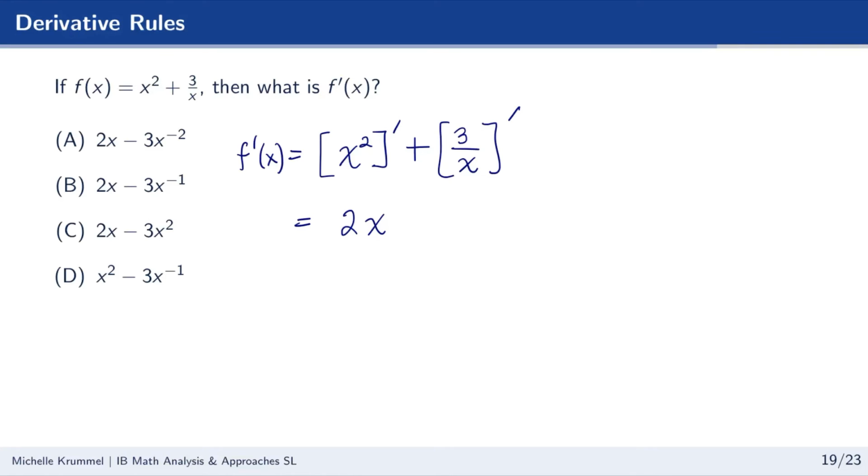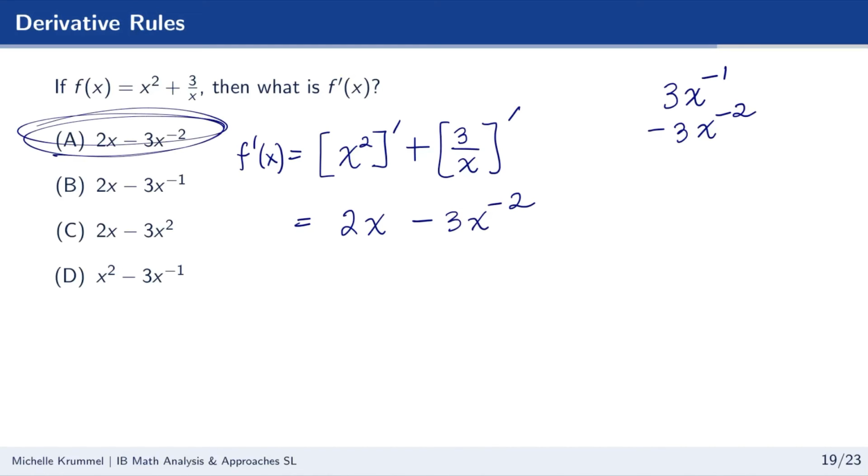Rewrite 3 over x as 3x to the negative 1, then use the power rule. It's negative 3x to the negative 2, and then simplify it, although in these answers it has not been simplified. So this isn't really the long way in this case. It's minus 3x to the negative 2, which matches choice A.